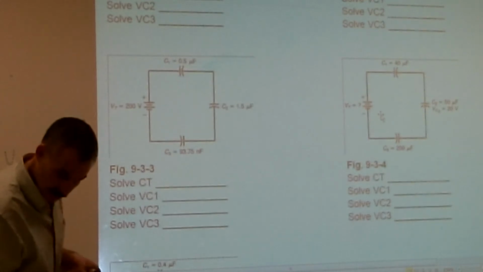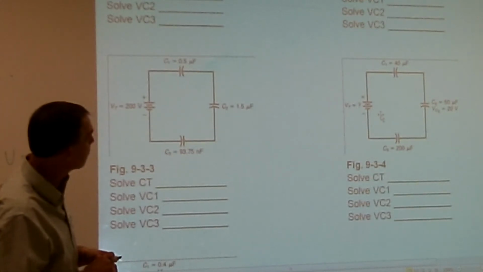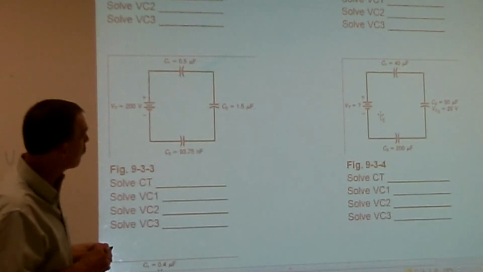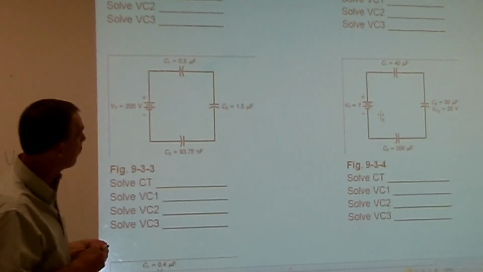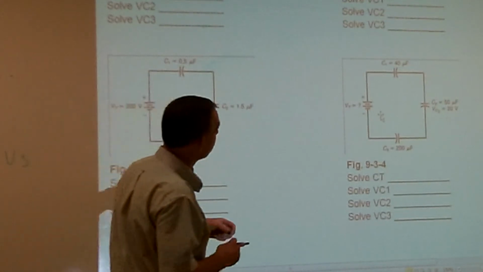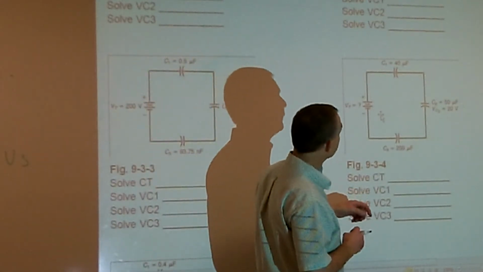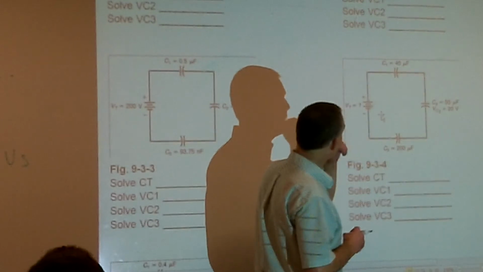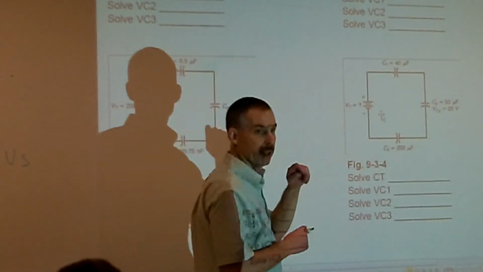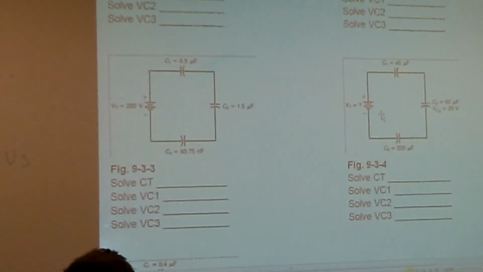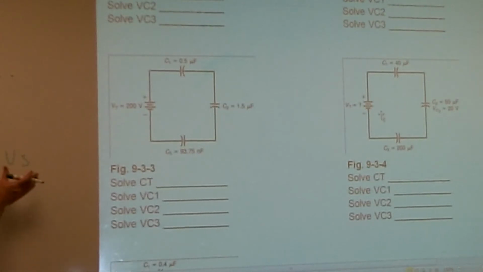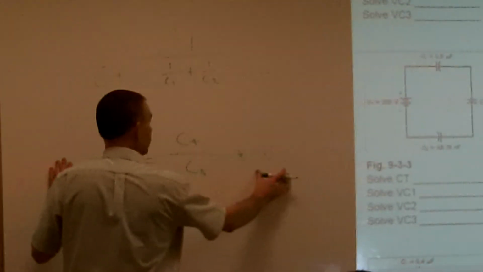It would be VC2 is equal to 20 volts is equal to CT over C2, and then you just move C1, C2 to the other side of the equal sign. Plug in your numbers and then flip it around. So we know that we want VT by itself.